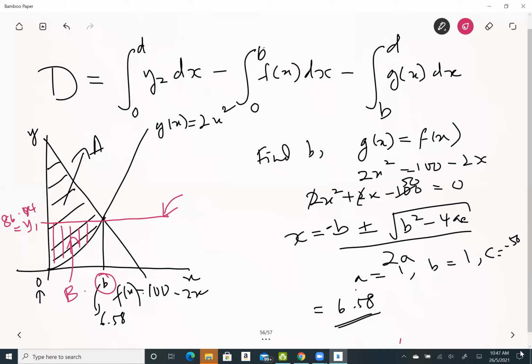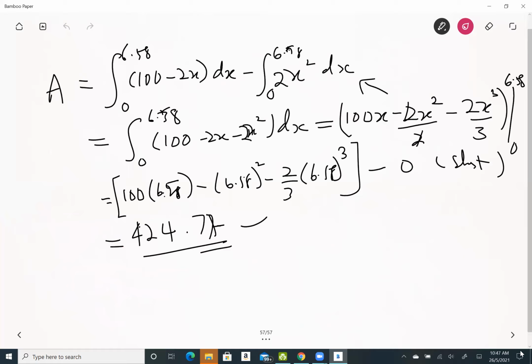So that would be our integral, or that's how we find the area B. So the area B, you can write it down. The integral from 0 to b of y1 dx. Okay, you have to take out the area from 0 to b of f of x dx. Then we get the area B. So I will write down here.